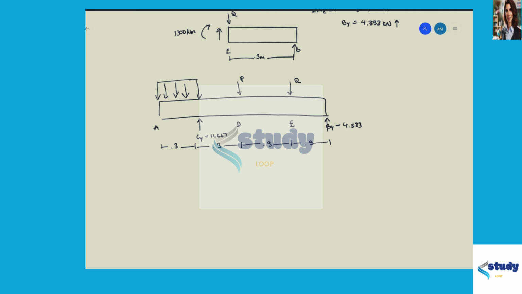So we have to solve for P and Q, so we can just do the moment at D, which is equal to 6 times 0.45, let me write that, minus 11.667 times 0.3 minus Q times 0.3 plus 4.33 times 0.6.